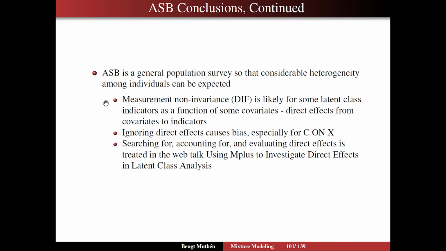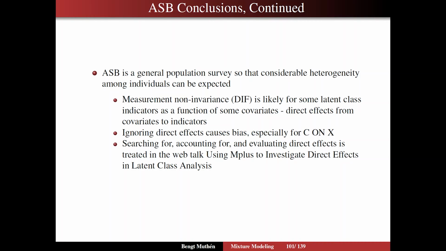So measurement non-invariance, differential item function, is likely for some latent class indicators as a function of some covariates. So you have a need for including direct effects from covariates to indicators. So certain groups of individuals, for instance, react differently to these different items.